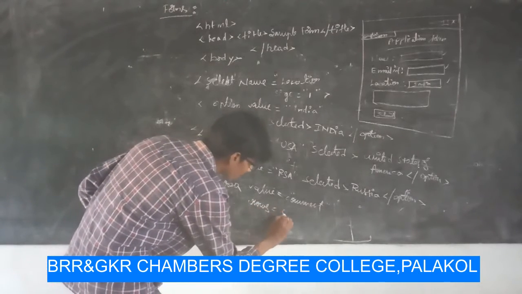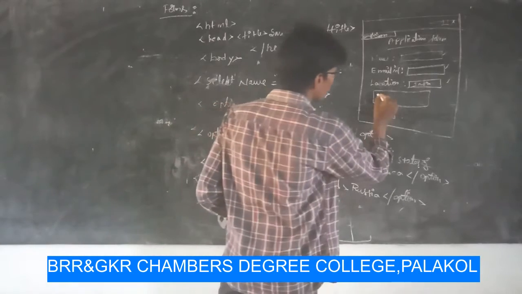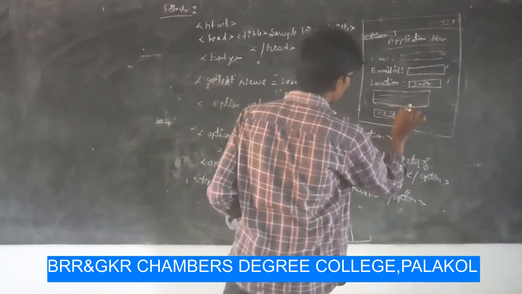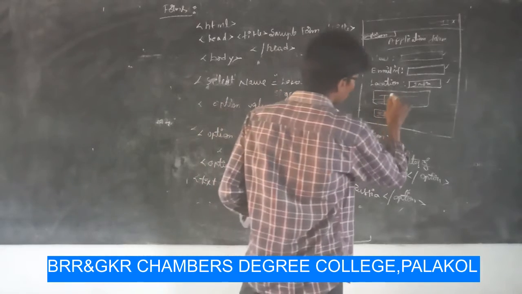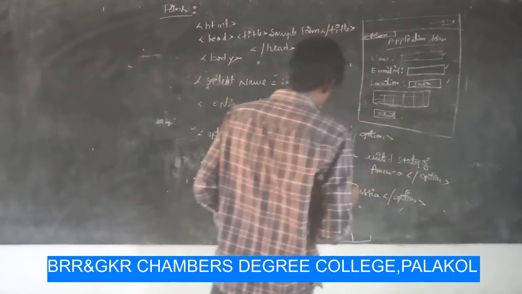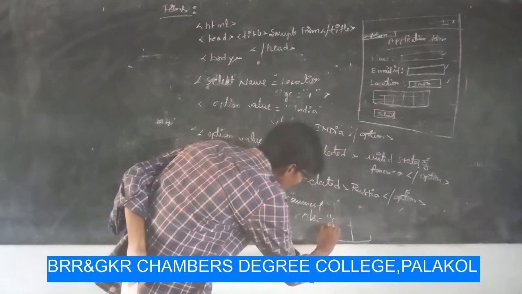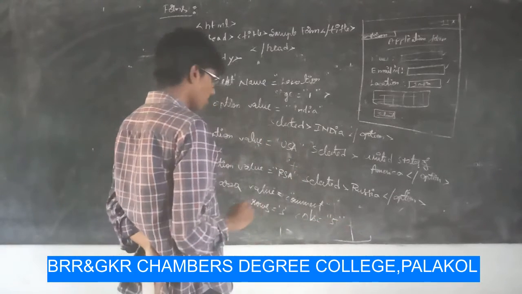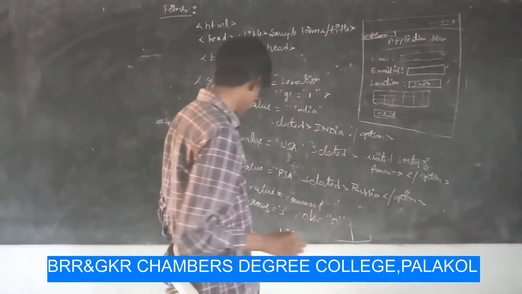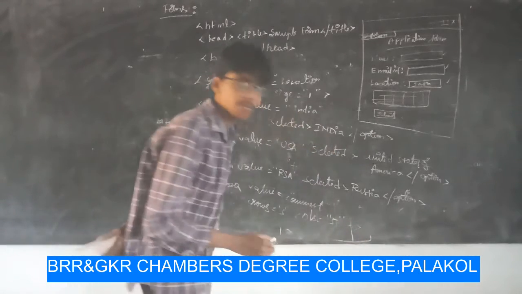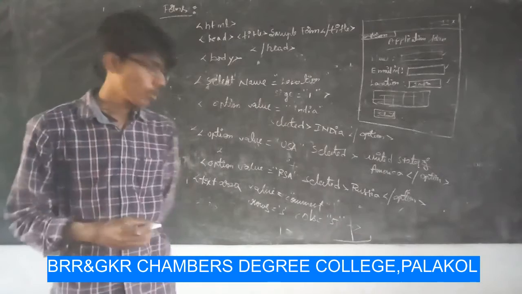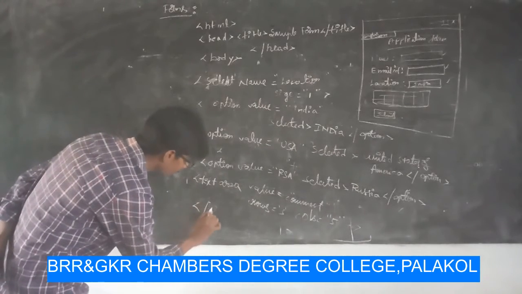Number of rows equal to 5. Allotted the rows 1, 2, 3, 4, 5. After that, number of columns is also mentioned, that is cols equal to 5. Okay, you want to create a blank box. Okay, after that, close the textarea.